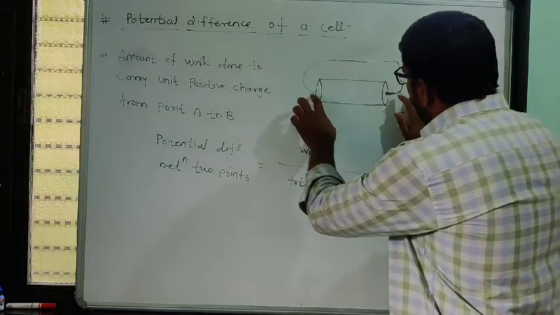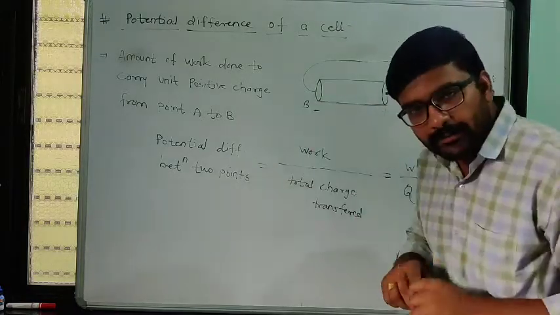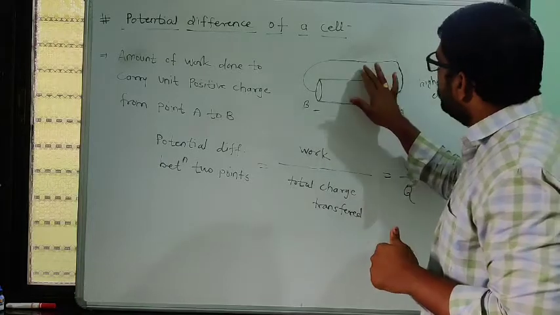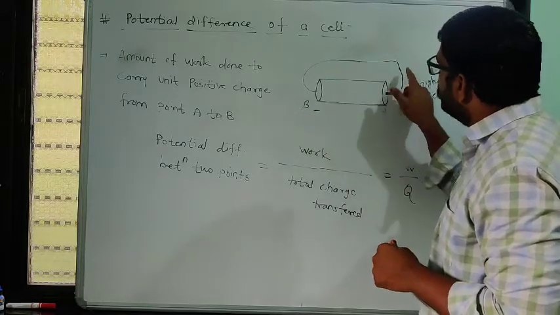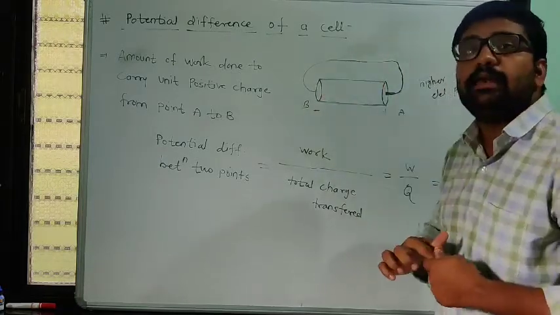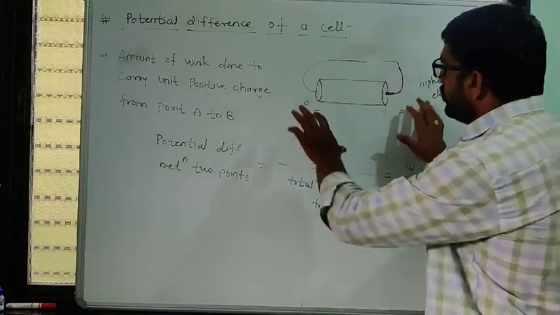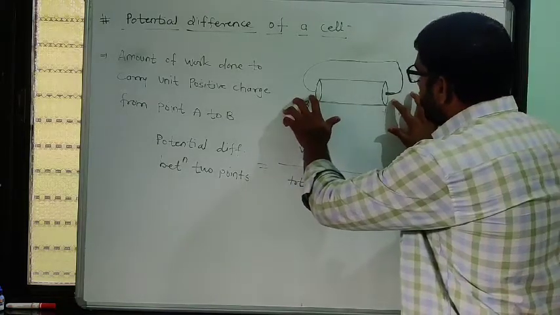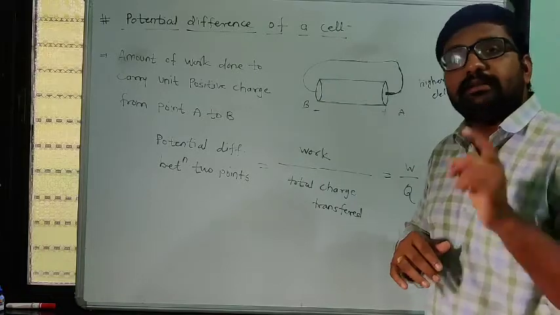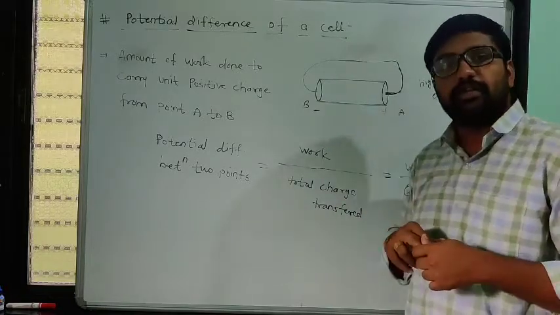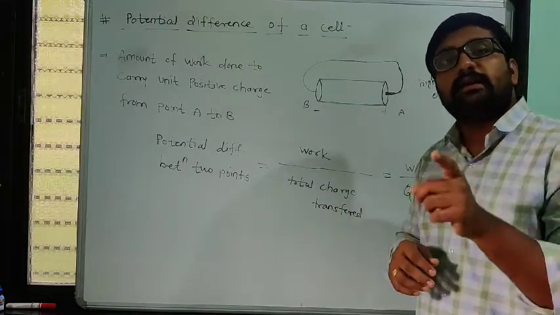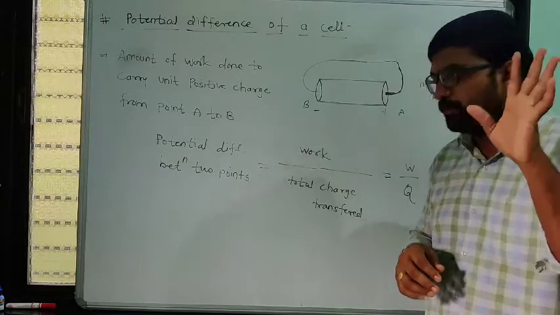If we connect a wire between these two terminals, then we will find that electric current flows through this electrical wire, because a potential difference is between the two terminals of a cell. Due to that potential difference, electrical charges can flow.